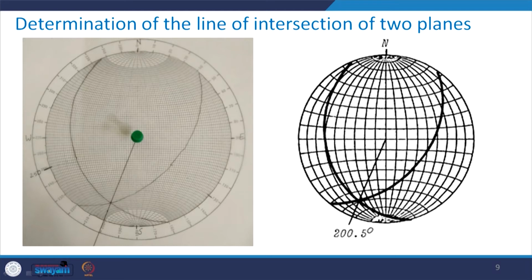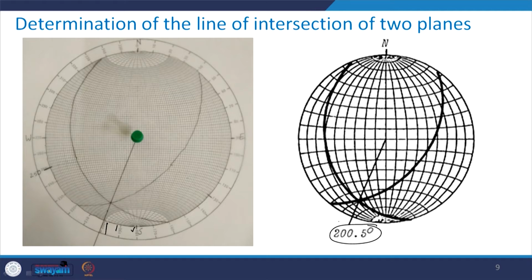Now, you see wherever this line is intersecting the circumference, can you read it? This is 180 degrees, 190 degrees, this is 200 and a little bit ahead of 200. So, this is 200.5.